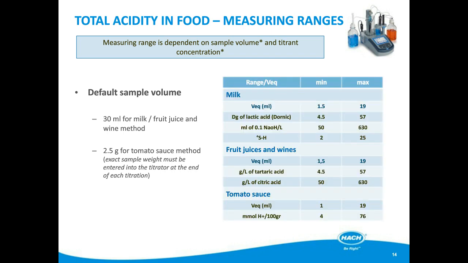And you can see here an example of result range for different units. Our default methods cover a large range of samples commonly used in food and beverage. But of course, you can also adapt this range for different and specific samples.